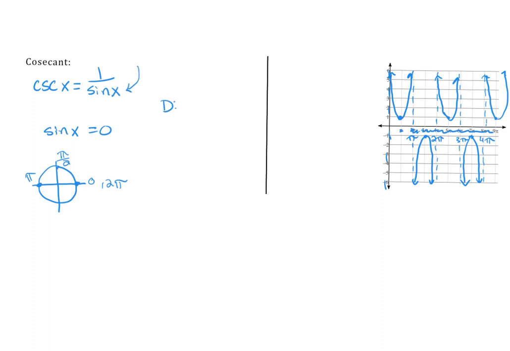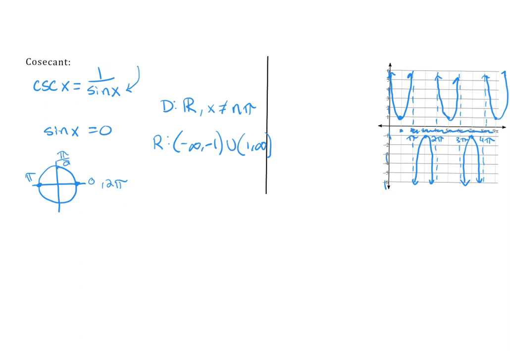So the domain, all real numbers, except x does not equal multiples of pi. And the range, if you look, this is going to go from negative infinity to negative 1 and 1 to positive infinity. So there are no y values in between negative 1 and 1.